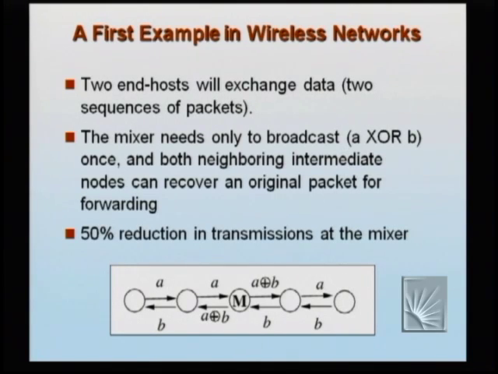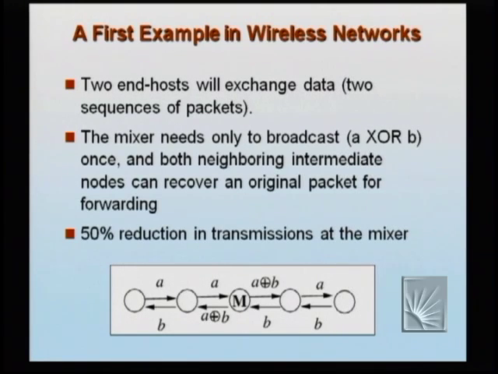Assume they go through some central node. I call it a mixer. You notice that normally, if we do not have network coding, then the mixer, any node actually, needs to forward 2 packets, right?